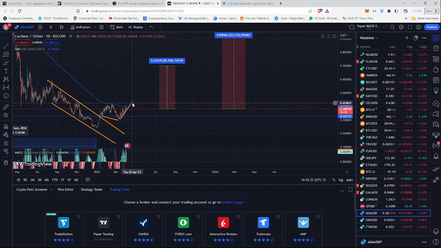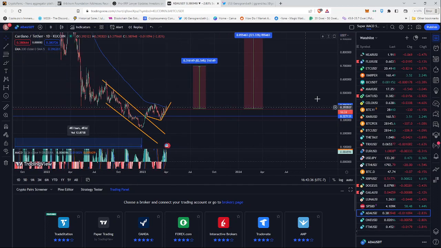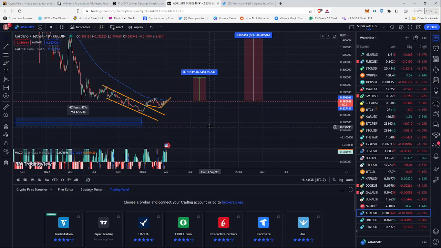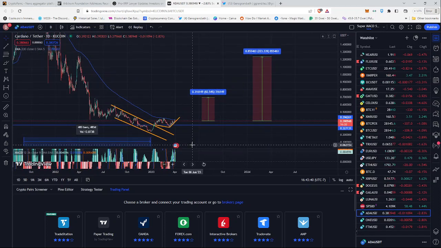So we could see this ride upwards from here and continue. For Cardano, I'm also seeing some bullish news, which I'll get into in a second. But chart wise, Cardano for me is looking very nice. These are prime buying areas for me.